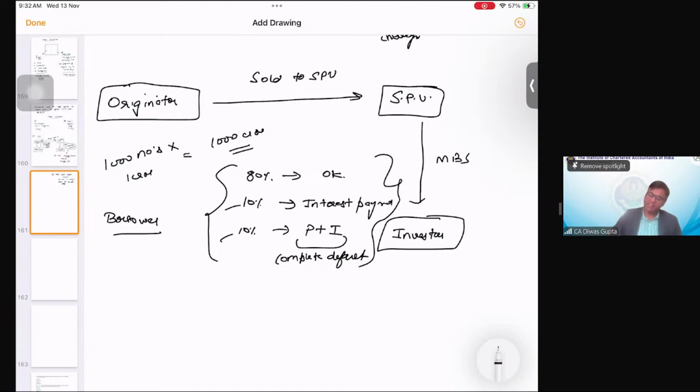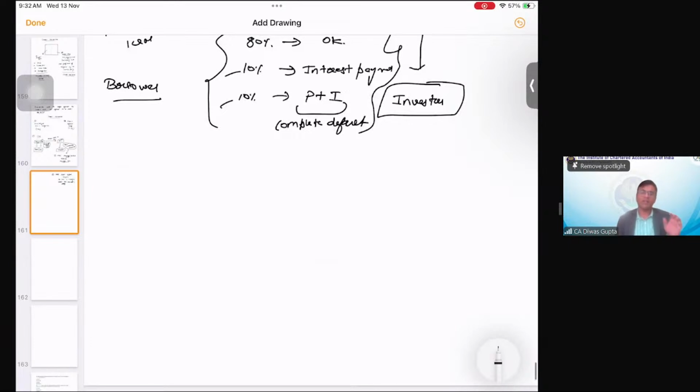Now, SPV will frame the mortgage backed securities in such a manner that it will cover the investors. So, for example, it will make tranches. I am assuming three different tranches here.